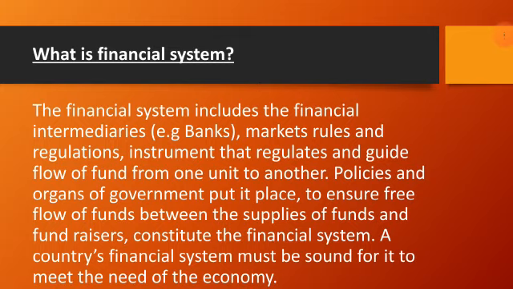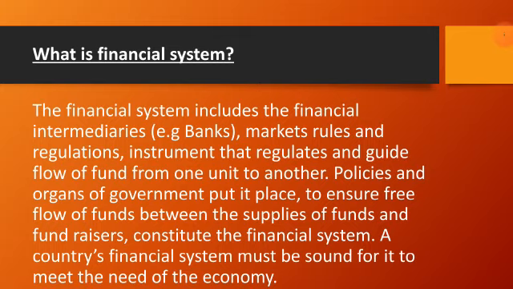Now, what is a financial system or the financial system? The financial system includes the financial intermediaries like the banks and the insurance companies. They constitute what we call the financial intermediaries.